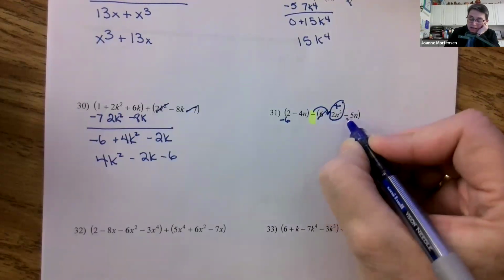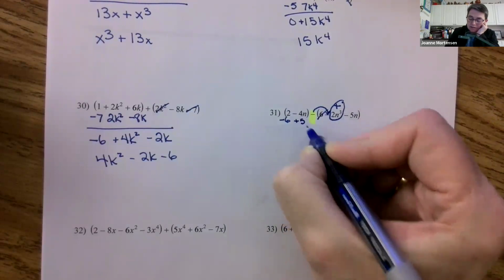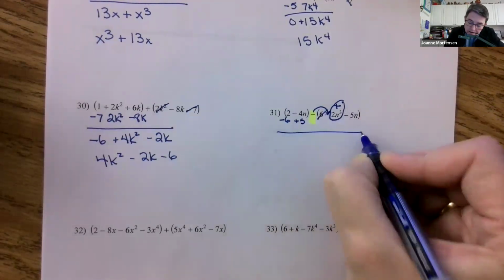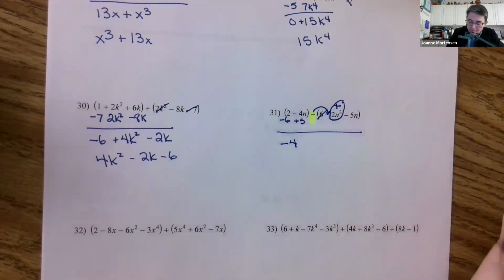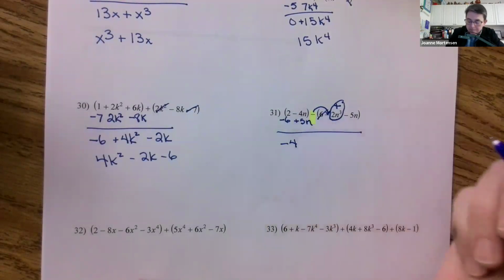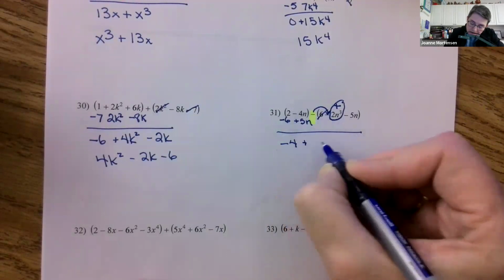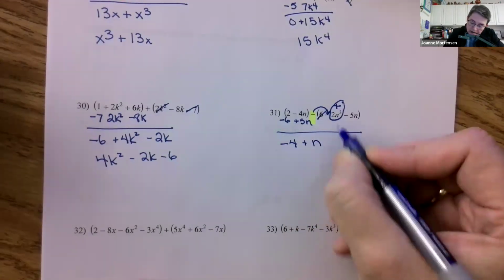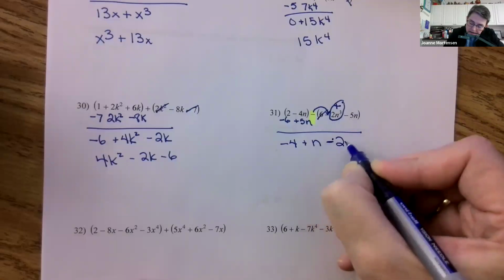Anyway, and this -5 becomes a +5 over here. So I got 2 minus 6 is -4. And whoops, I lost an n. There we go. -4 plus 5 is going to be plus n. And then I got to bring this guy down, -2n cubed.